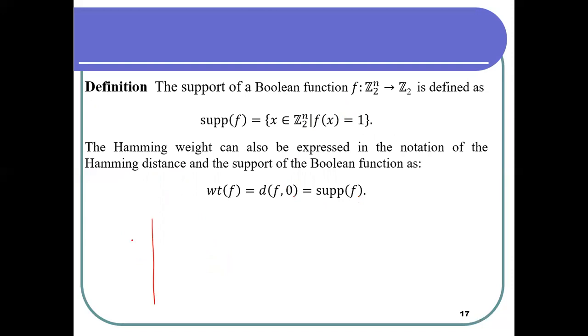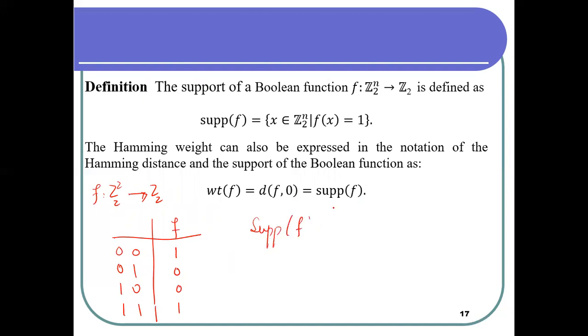If I have a function f from Z2 to Z2, with inputs 0 0, 0 1, 1 0, 1 1 and outputs 0, 1, 0, 1, the support of this function is the set of x for which the output is 1.